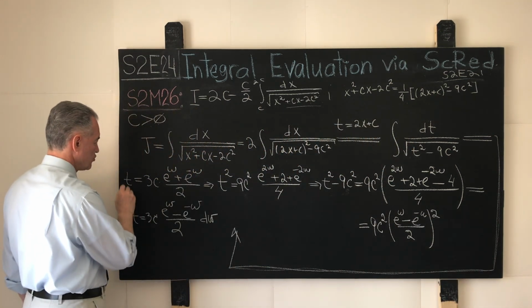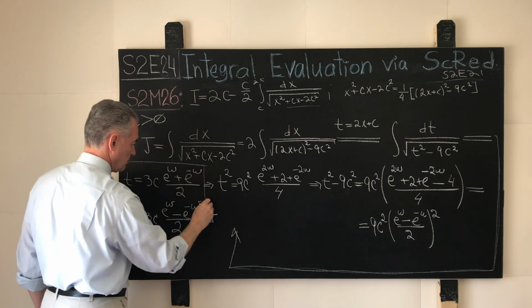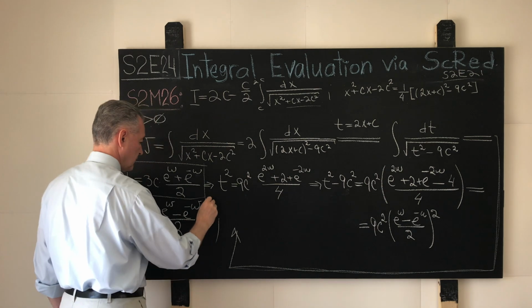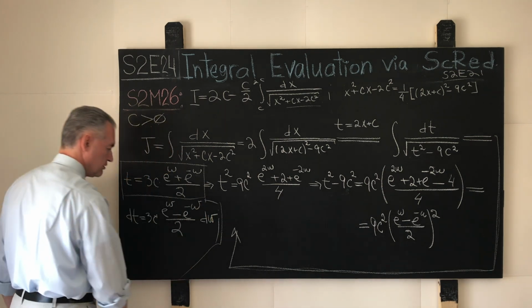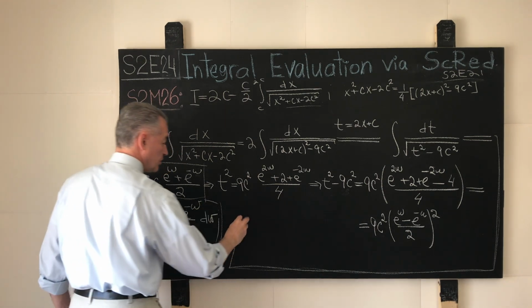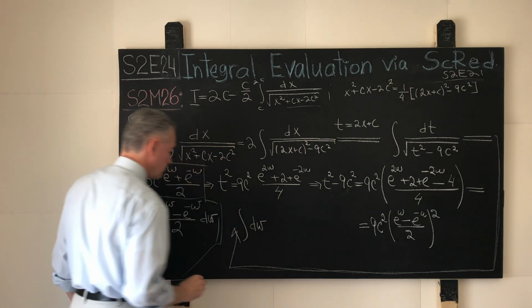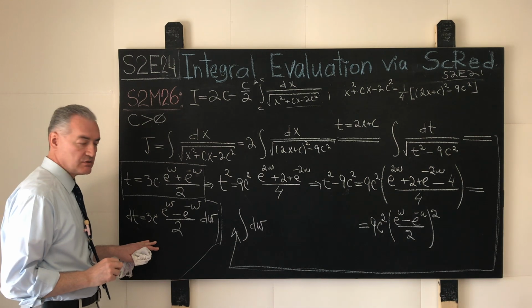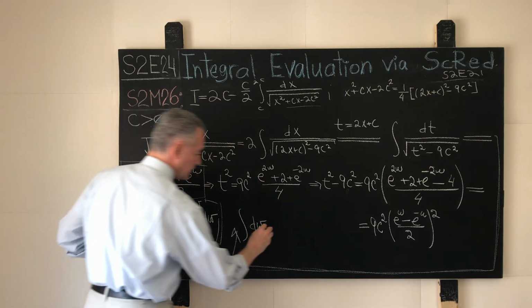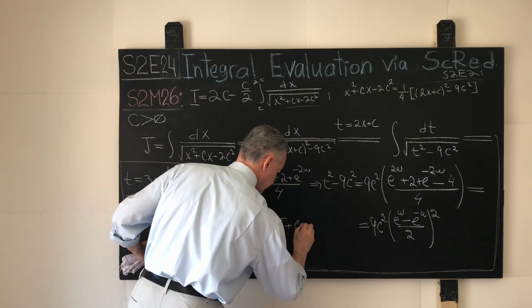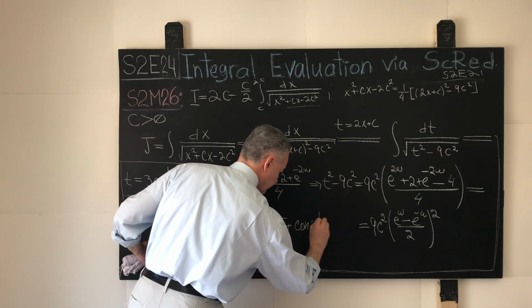Via this substitution over here, the integral comes down to what? It comes down to the integral of dw. Exactly. This is a trivial integral by itself. So here we have w plus a constant of integration.